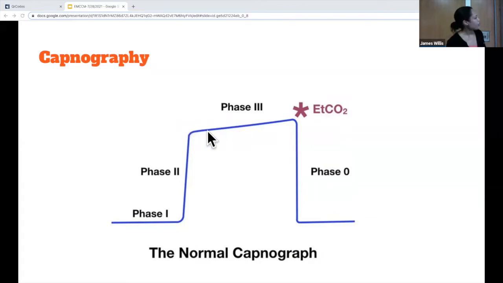It's either going to be a plateau or a small steady rise like this. At the end of it, our peak is our end tidal CO2. Then as the patient inhales, you get phase 0, and it drops back down. It should drop down to 0. So when you're looking at these waveforms, you want to look at the shape, the rate, the trend, and the end tidal.